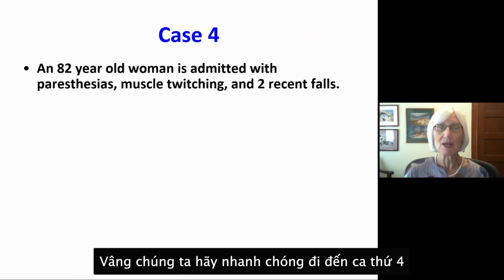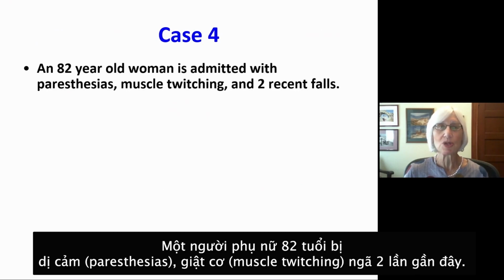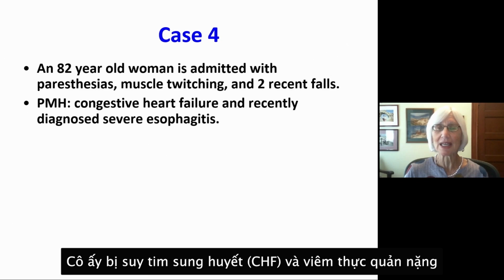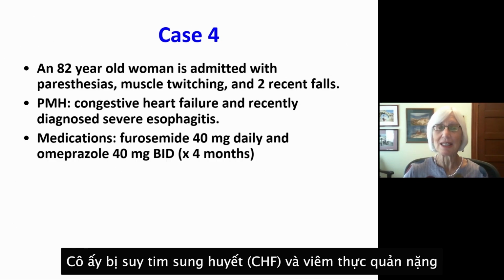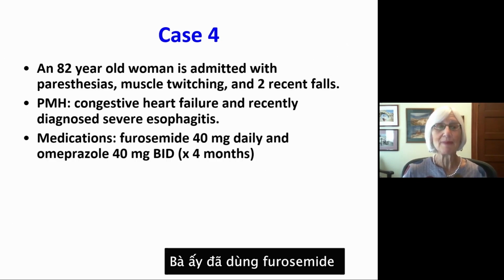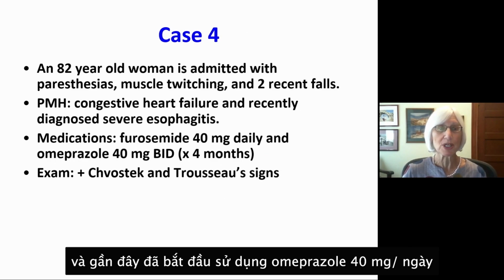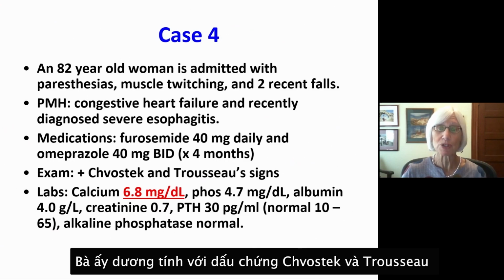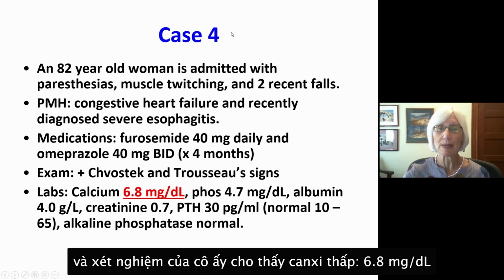So let's quickly go to case 4, an 82-year-old woman with paresthesias, muscle twitching, and 2 recent falls. She has CHF and severe esophagitis. She takes furosemide and recently started omeprazole, 40 milligrams a day. She has positive Chvostek and Trousseau signs, and her labs show a low calcium of 6.8.